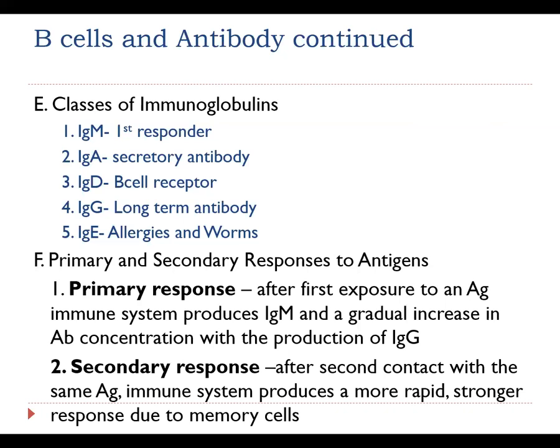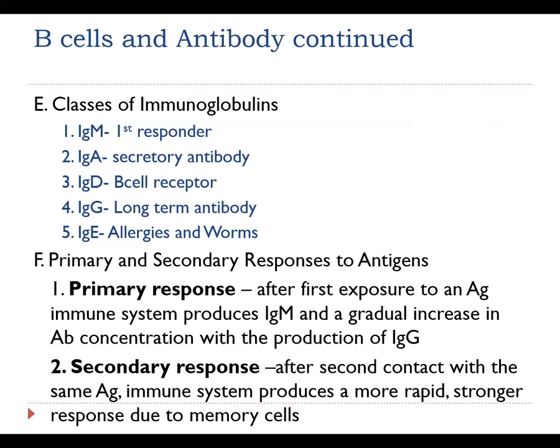When it comes to primary and secondary responses to antigen, as you can realize, the primary response is going to be a slower mechanism. You are eventually going to produce your antibodies here, but typically the antigen that is overwhelming your body will cause illness upon that first exposure.